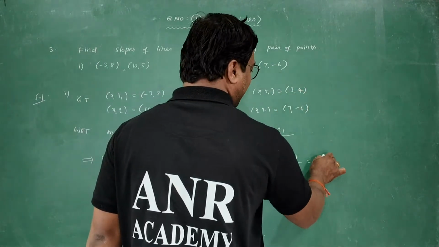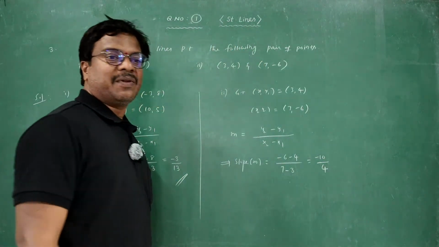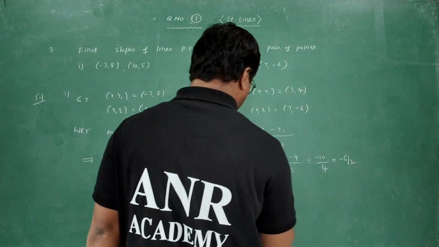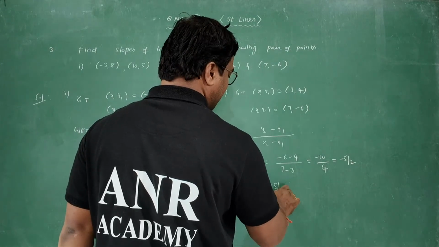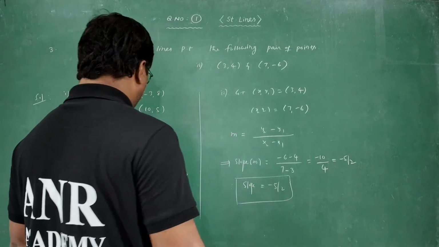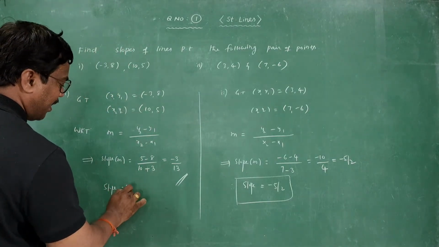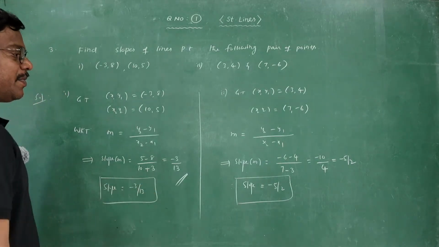In the numerator it is -10, in the denominator part it is 4. On simplification we get -5 by 2. Therefore, slope of second pair is -5 by 2, and slope of given first pair is -3 by 13. That's all. This is your answer.